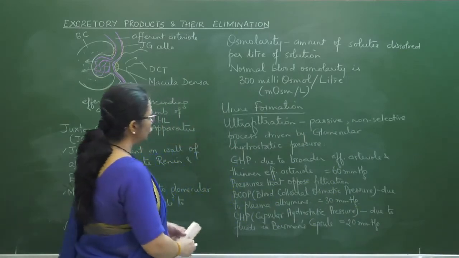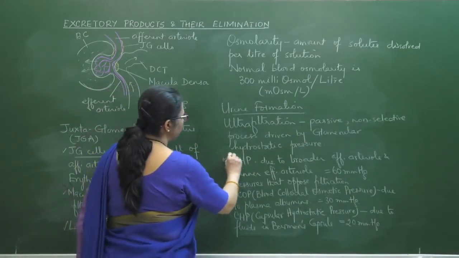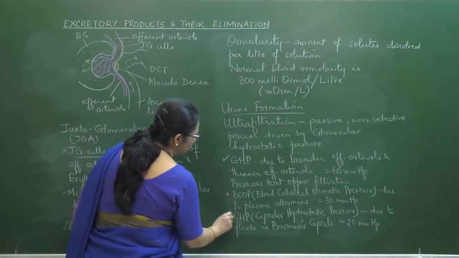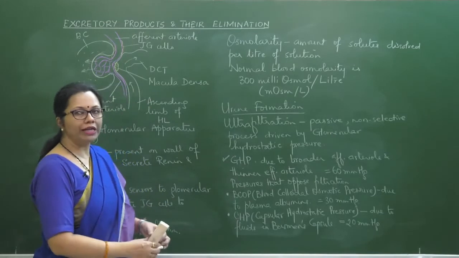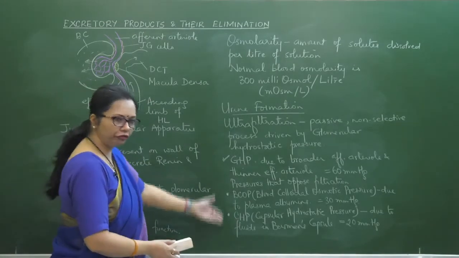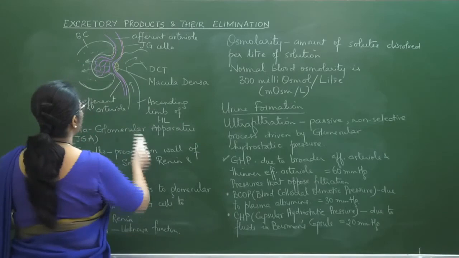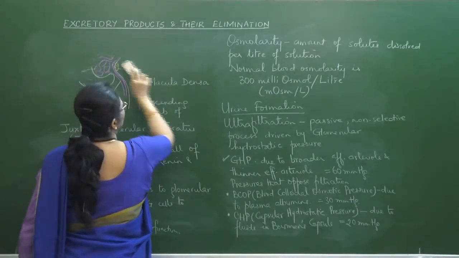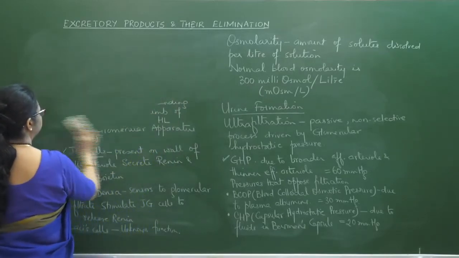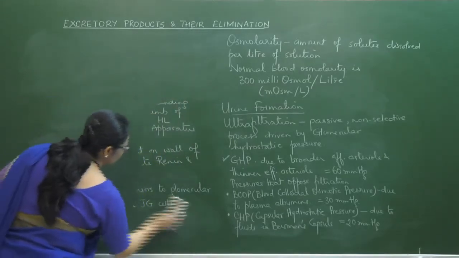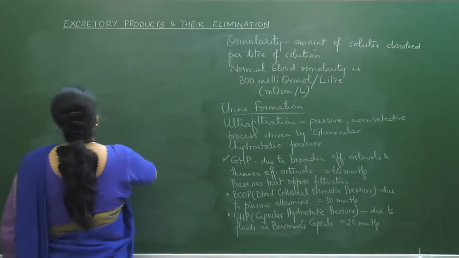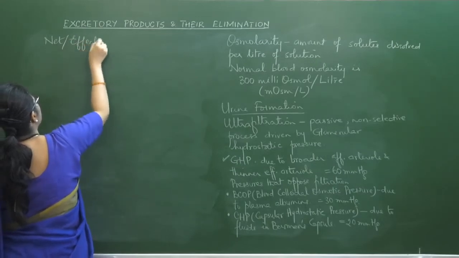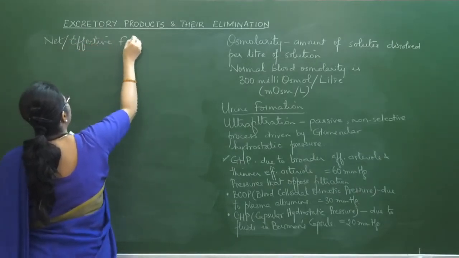So you see this is the pressure which is favoring filtration, but there are two pressures which are opposing filtration. So the effective or the net filtration pressure would be the difference between the two. Okay, so I think I can clear this side now. I have explained everything. So now we can have this, the net or the effective filtration pressure.